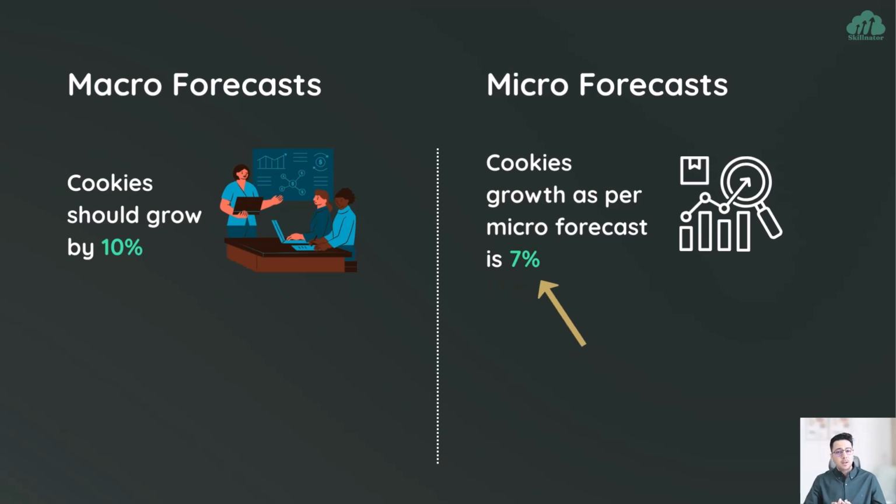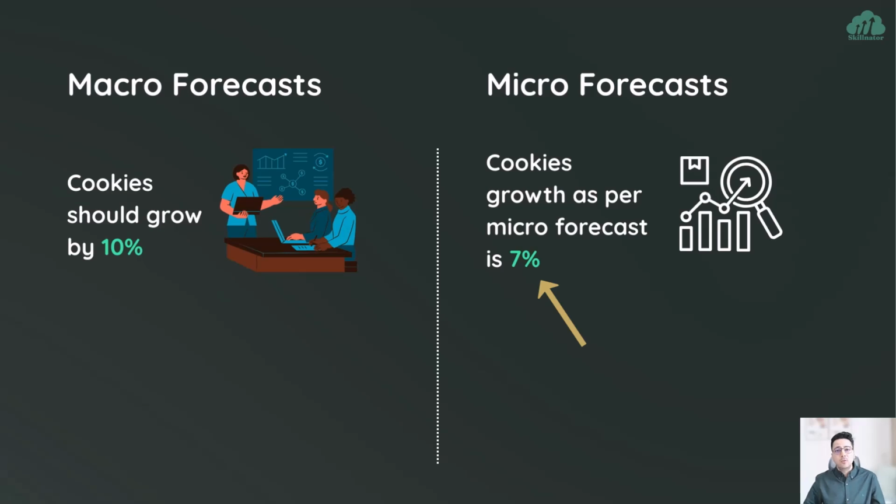This does not mean that micro forecast is wrong. There could be some very good reasons why micro forecast is lower than the macro forecast. For example, there could be some products that are being discontinued. Have we lost some customers? Are there production capacity constraints due to which we are not able to produce enough even though the demand is there? So the difference between a macro and a micro forecast will trigger a healthy business discussion.